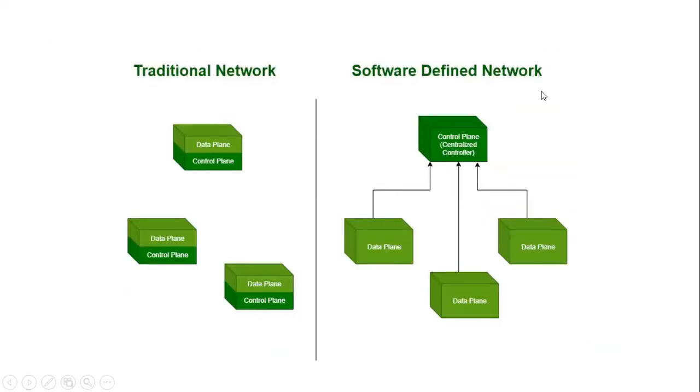Here you can see the diagram. With the diagram it is more clear to you. In the software defined network, this is the control plane, and these are the different data planes, 1, 2, 3.